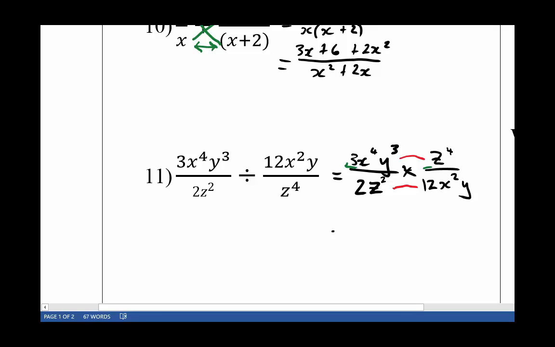So 3 times 1 effectively is 3, and then are there any x's here? Any x's in this one? No, so I can just leave that as an x4. And it's good to do this in alphabetical order. So y will come next. It'll be y cubed, and then it will be z4, and that will be all over.